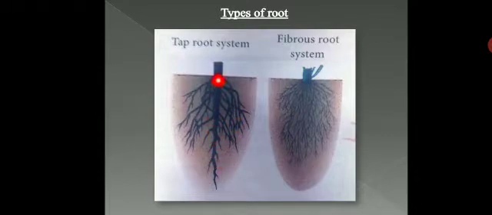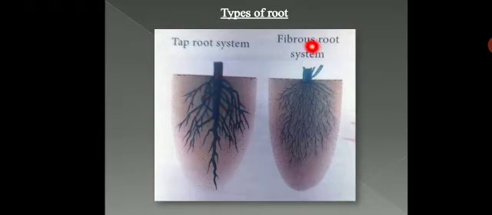So there are primary root, secondary root and tertiary root, three different roots present in the taproot. For example, most of the fruit yielding trees have taproot system, such as mango, guava, sapota and neem tree. These are some examples of the taproot system.